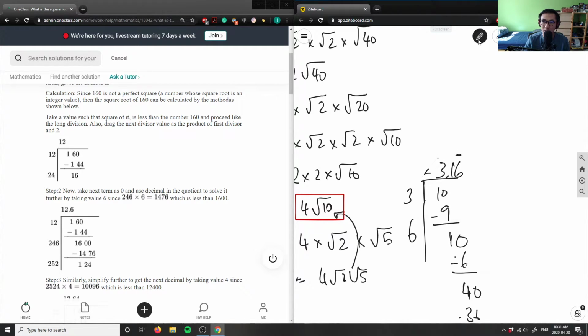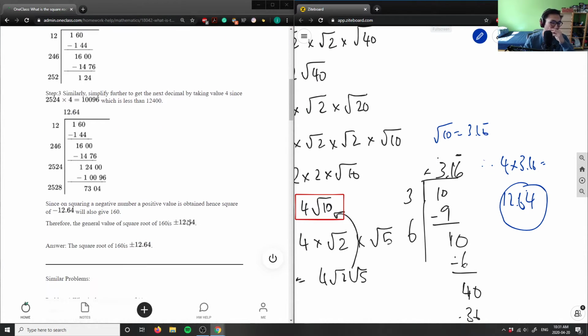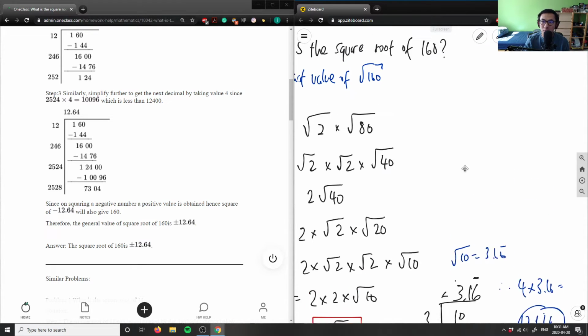If I assume that root 10 here equals 3.16, therefore I have 4 times 3.16, and this would give me a value of 12.64, which is the same answer as root 160 here.